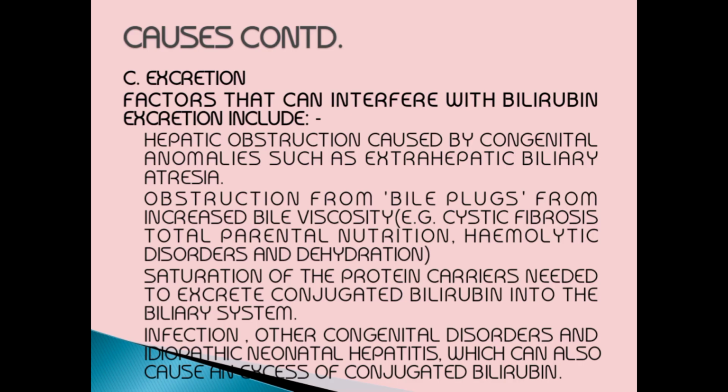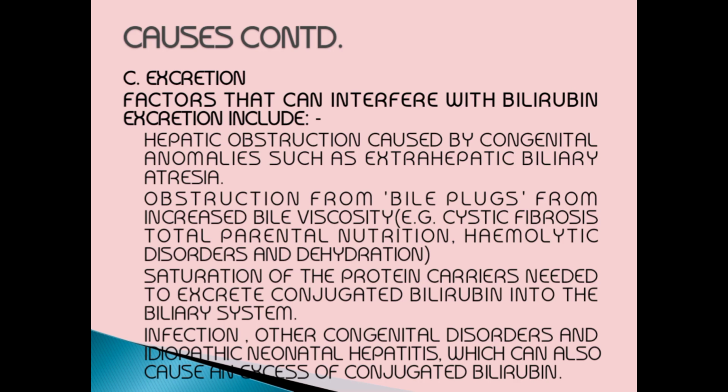The other causes of jaundice include excretion. So those factors that are going to interfere with the excretion of bilirubin, we are talking about hepatic obstruction caused by congenital anomalies such as extrahepatic biliary atresia.